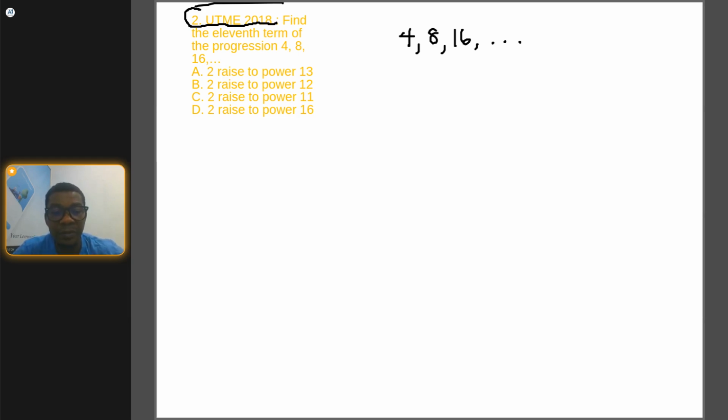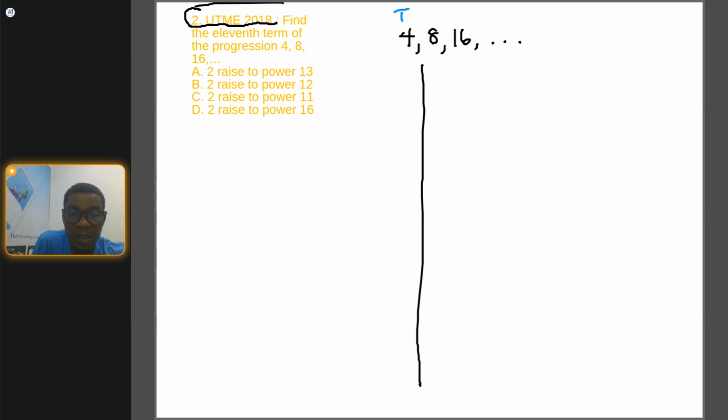We've used the formula for the sum of a GP and the formula for sum to infinity. Now we want to look at the formula for the nth term of a GP. In this expression given to us, these are T1, T2, and T3, which implies that A equals T1, which is equal to 4.